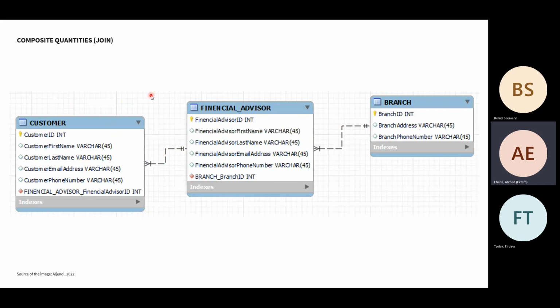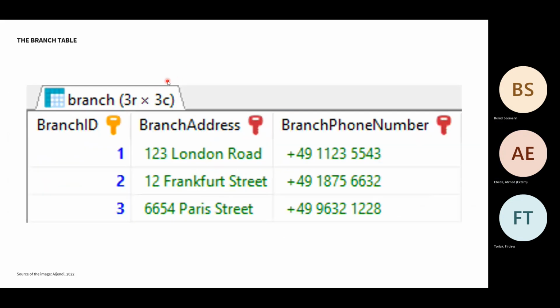You need to think about how to get the connection between these tables to show in the results the customer ID, which branch, which financial advisor is taking care of that customer. So you need to start to think about how we can do this.